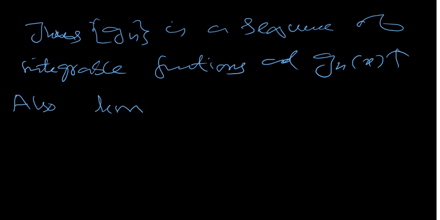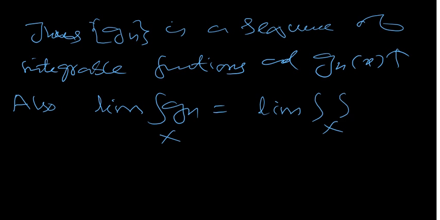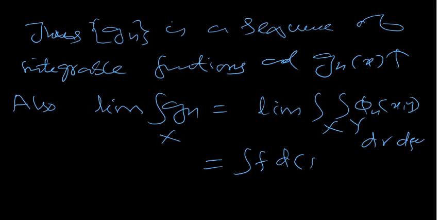Also the limit of the integral of Gn is equal to the limit of the integral over x, integral over y, phi n x y d nu, and this is by star equal to the integral of f d mu cross nu, and that's finite, because f is integrable by star.